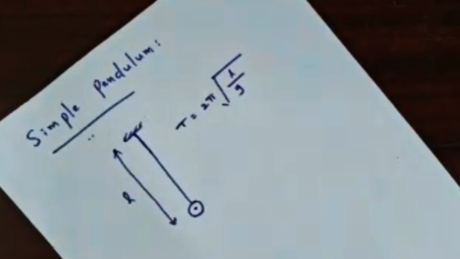In the last video also, I already did this. Time period is nothing but the time taken by the pendulum or by the particle or by the body. So here, the time taken by the pendulum to complete one oscillation is known as time period. T is equal to 2 pi root over L by g.